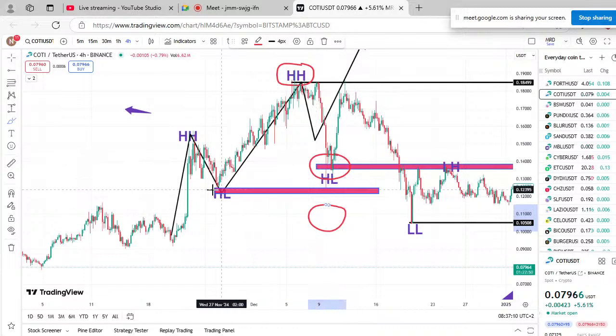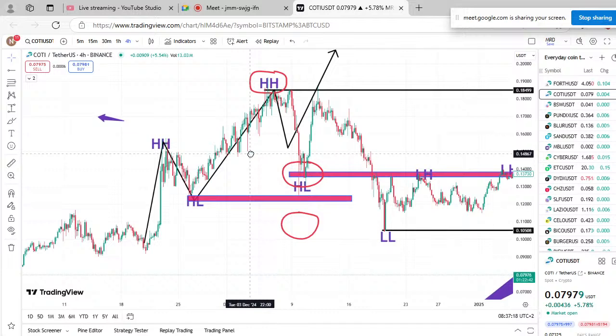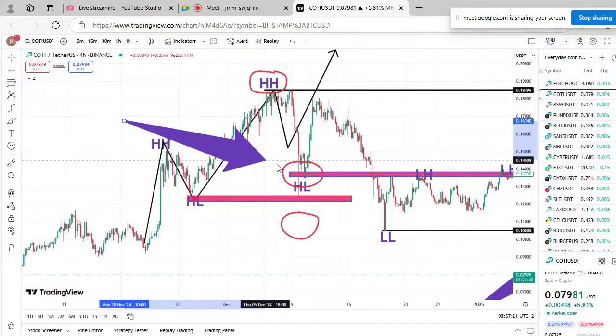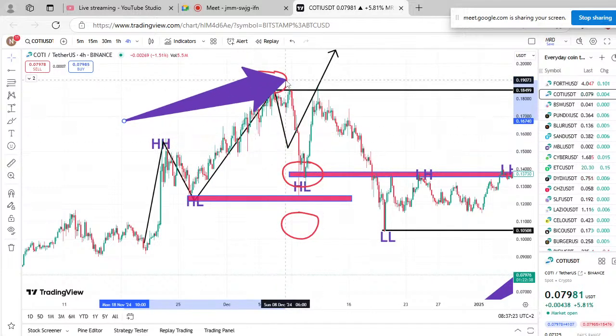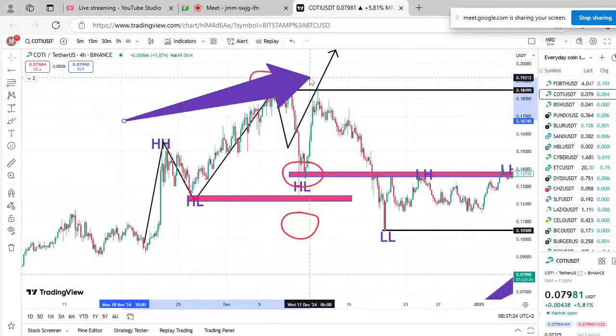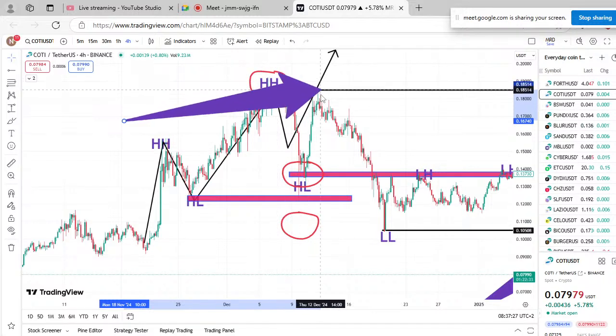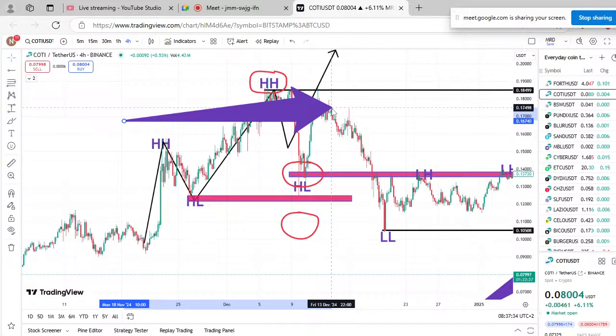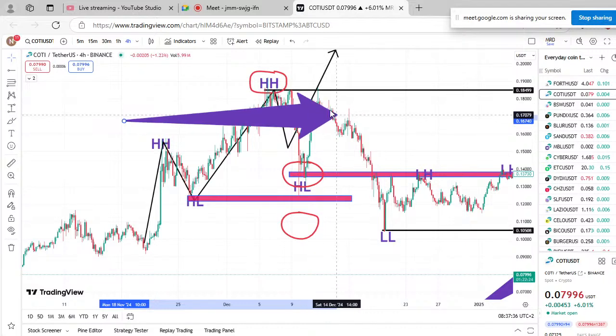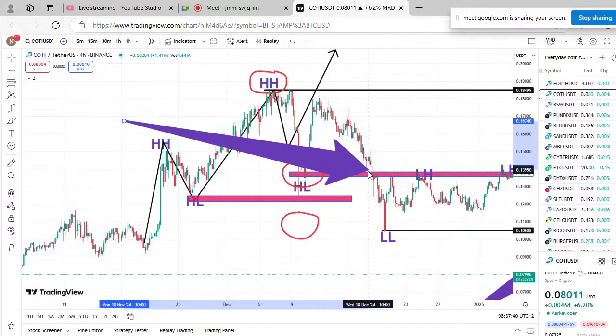But since it is above this line, it stands as a higher low. After forming a higher low, the market should move up and form a new higher high. But if we fail to break the previous high, it means the people that were buying are now giving up. By giving up, that's why you are seeing this red candle being created as we are dropping down.